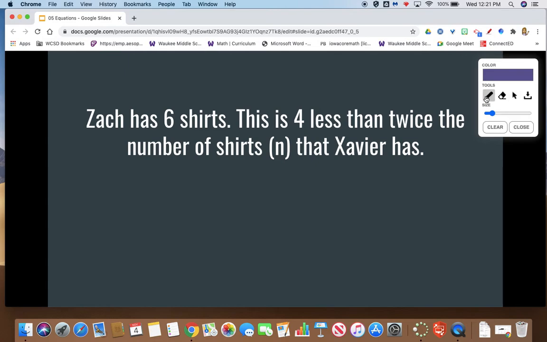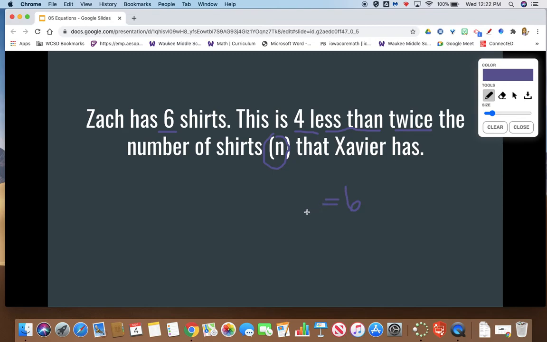We know, first of all, that Zach has 6 shirts. We then know that this is 4 less than twice the number of shirts, they want us to use N, that Xavier has. So let's go ahead, 6 is our total number of shirts that Zach has. Let's set that up on one side of our equation.